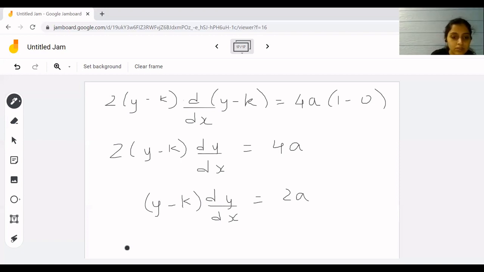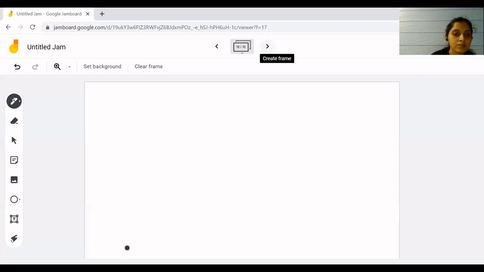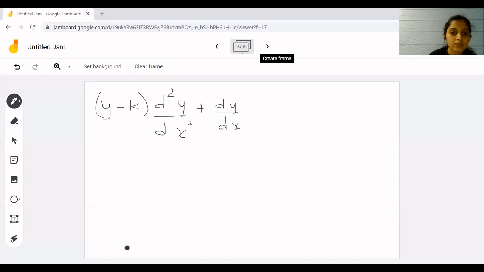Differentiating this equation with respect to x again, we take the first term as it is and differentiate the second, giving d2y by dx square, plus the second term as it is and the derivative of the first, which is dy by dx, and the right side equals 0.